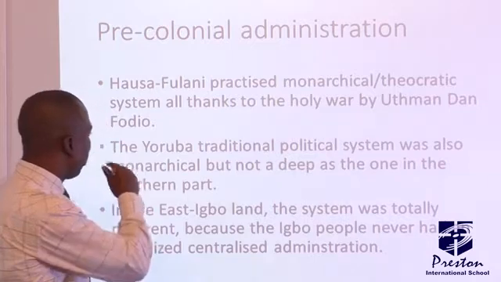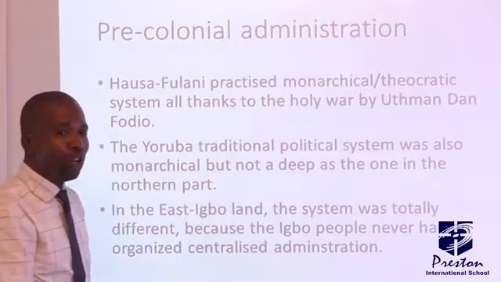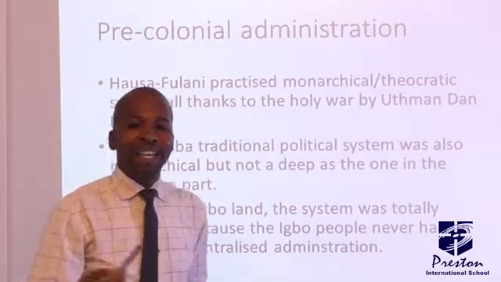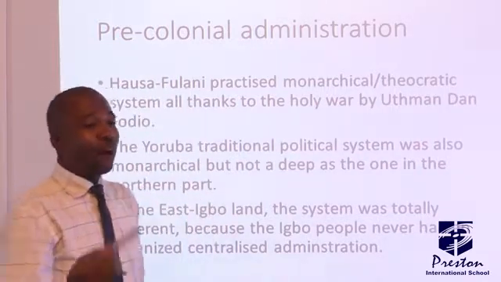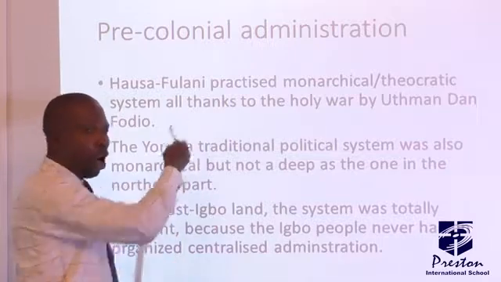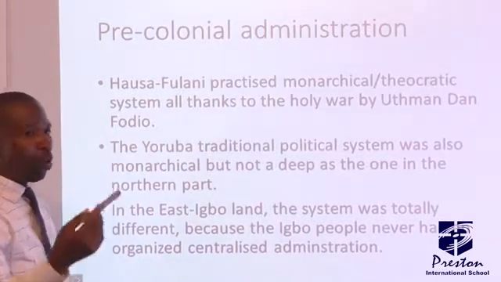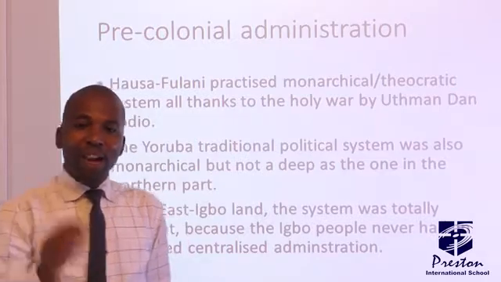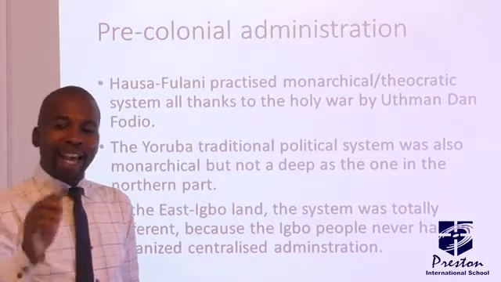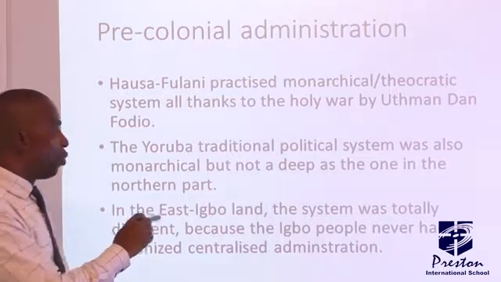All right, let's continue. In the Yoruba traditional system, Yoruba also adopted monarchical, but that monarchical was a democratic one, not absolute like the Hausa Fulani. So the Oba could be questioned, could be called to order if he went against the laid down rule.